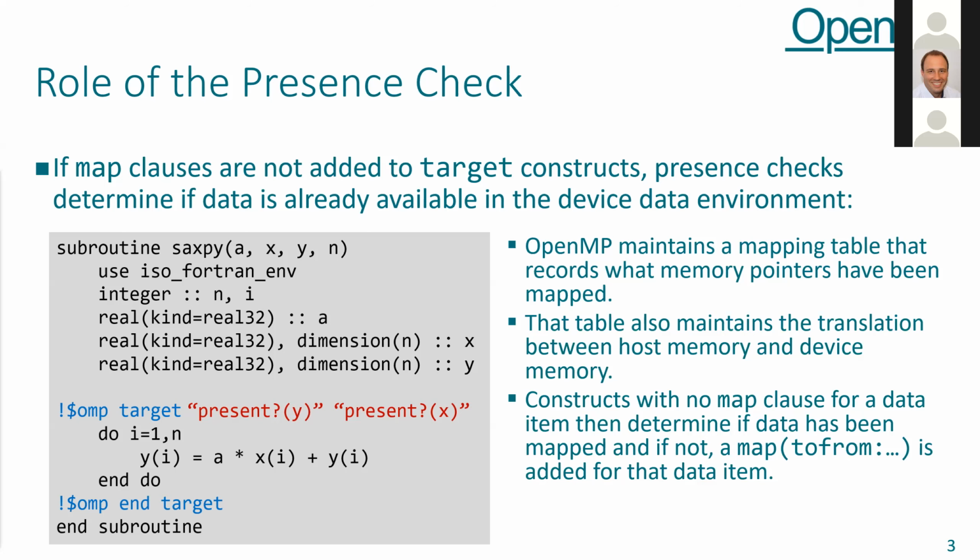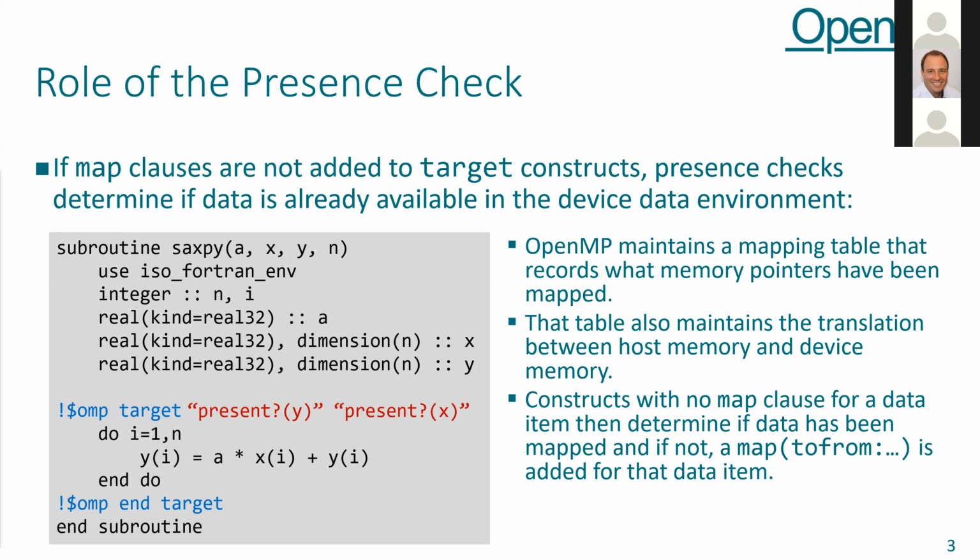The presence check part of the map clause will determine, yep, the data has been mapped before by an outer target data, target enter data, whatever construct. And so that nested map clause of the target construct will not have the effect of a data transfer.